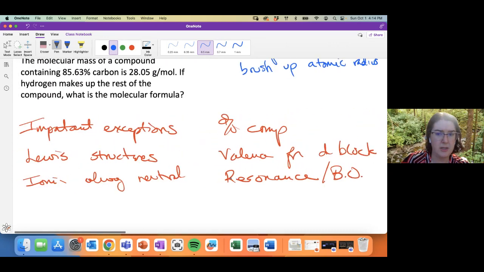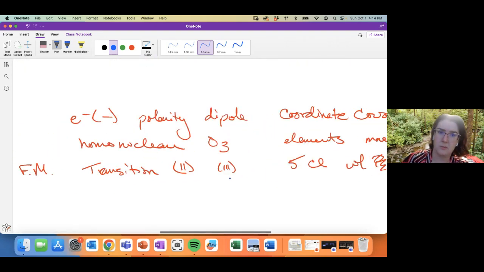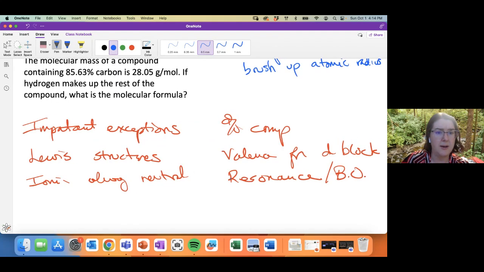Especially there's some of these I might need to remember. The question about important exceptions, I tried to write that one down as quickly as I could. I'm going to hope that this first question that we took, which was important exceptions, is in reference to Lewis structures.